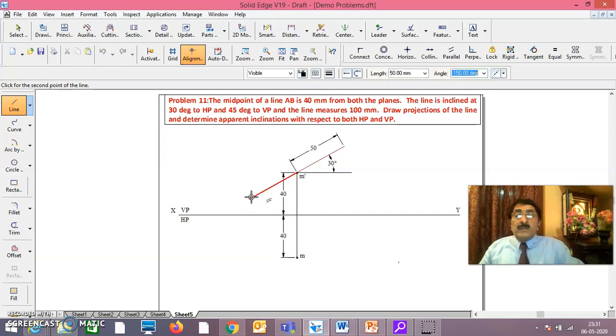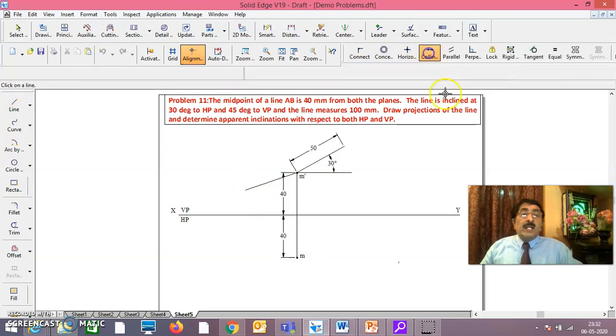You see here, you have a parallel mark here. If you have the parallel mark, it will be collinear. Otherwise also, this 50 is anyway there, no? Even if you do it this way, you have the collinear icon here. Take the collinear icon and click on this, and it automatically becomes collinear.